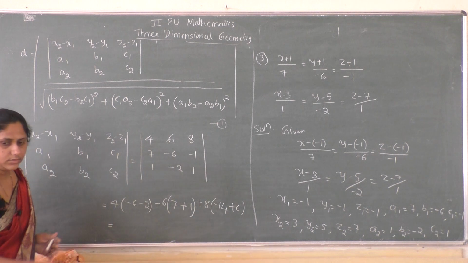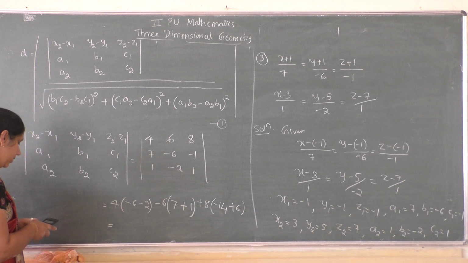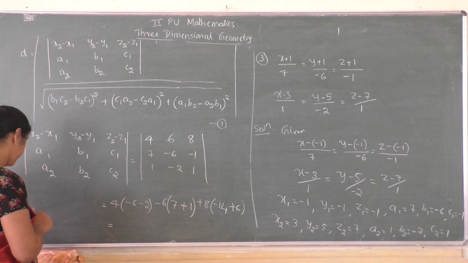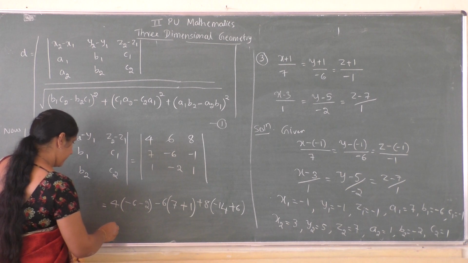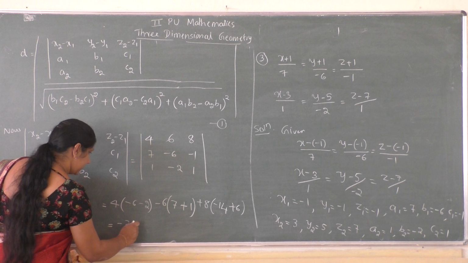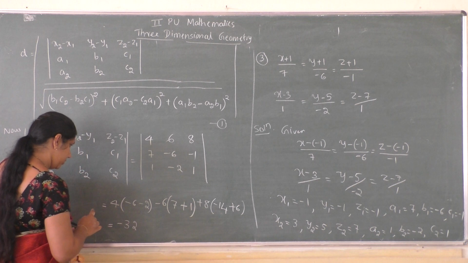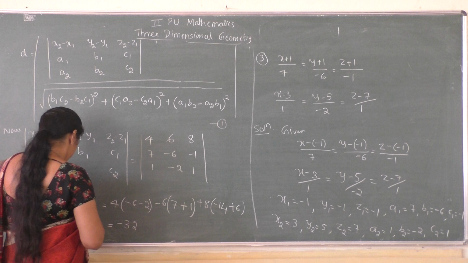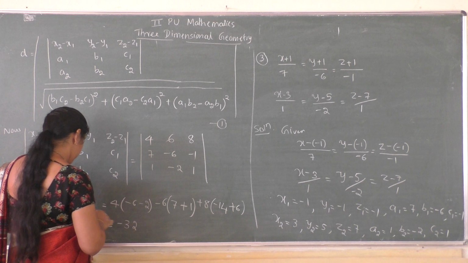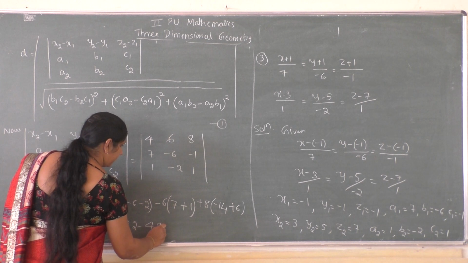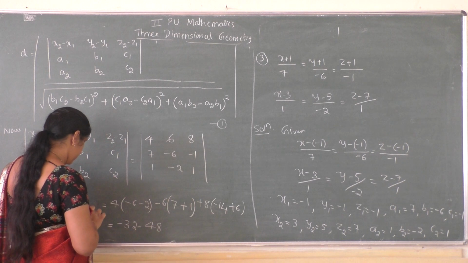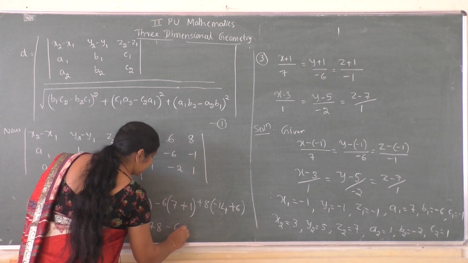Now we will calculate this: that is minus 8 into 4, minus 32, minus 48 and minus 64.